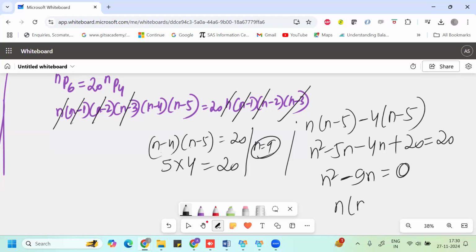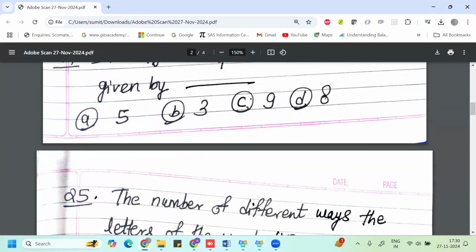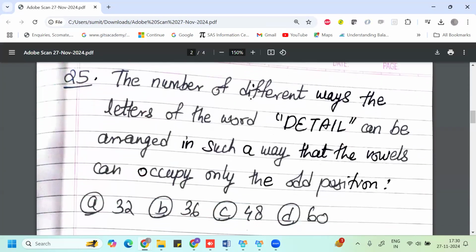So n into n minus 9 is equal to 0. Yes, n is equal to 9. Clear, everyone? Now I hope you are getting it. Question number 5.